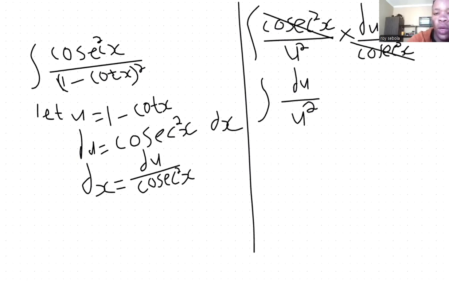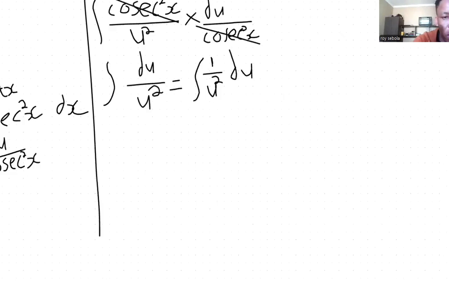And when we integrate 1 over u squared du, okay, let's simplify it first. When you simplify it first, we'll have the integral of u to the negative 2.